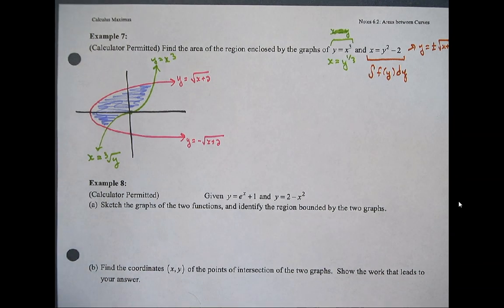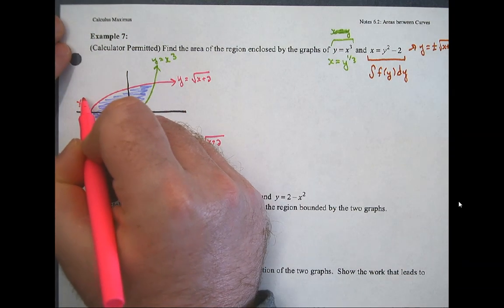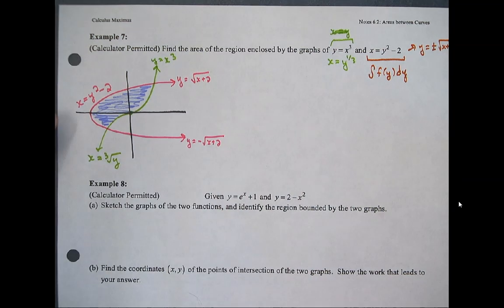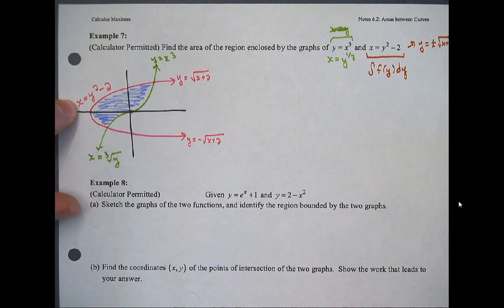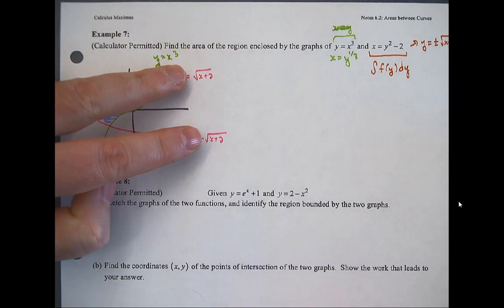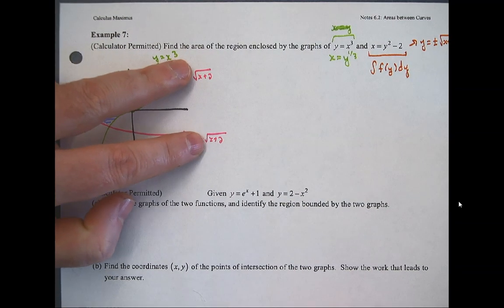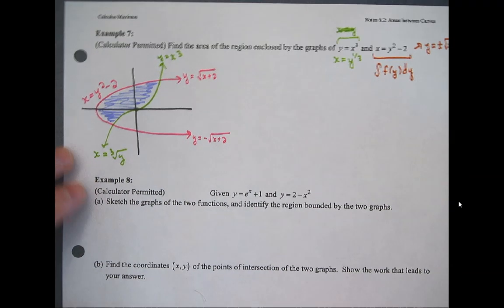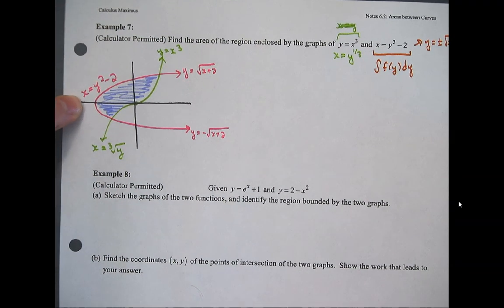Or I can look at this whole pink curve. This whole pink curve is the same as x equals y squared minus 2. That's the whole curve, the plus and the minus case. It's when we solved it for y that we had these two different parabolas, because when you go y equals, you can't violate the vertical line test. When it goes x equals, you can't violate the horizontal line test.